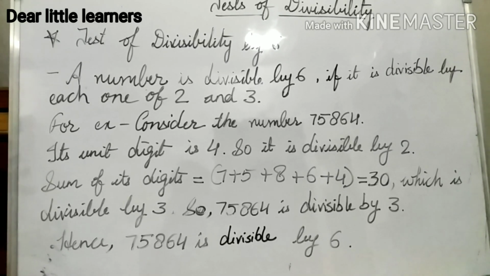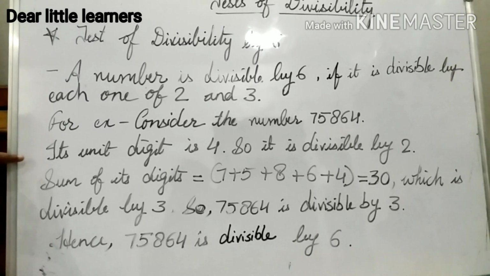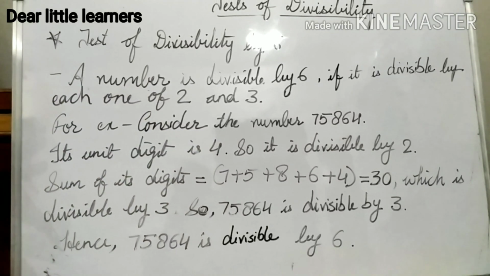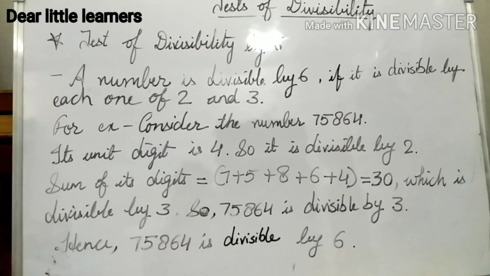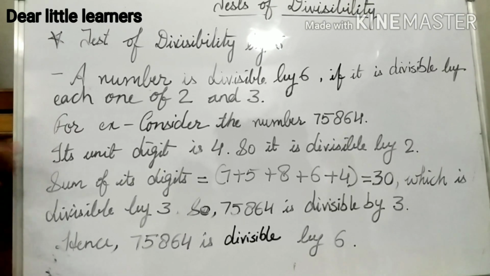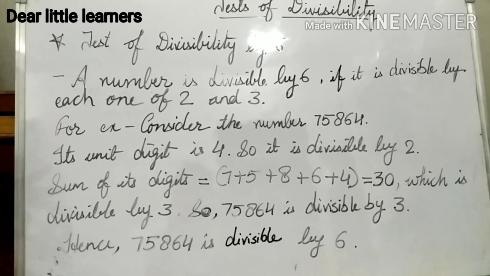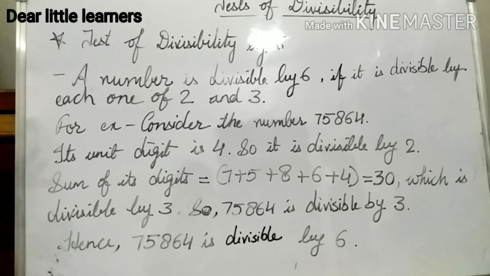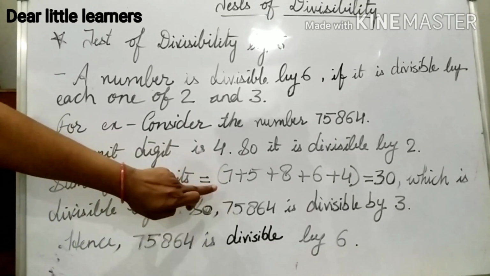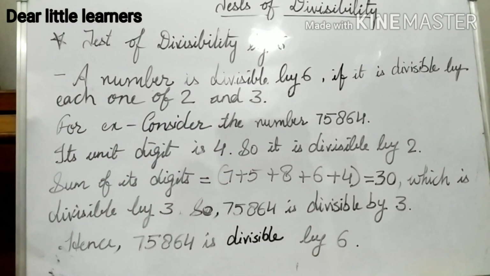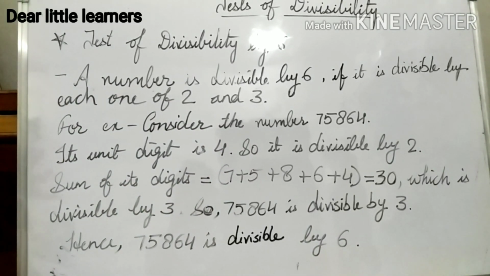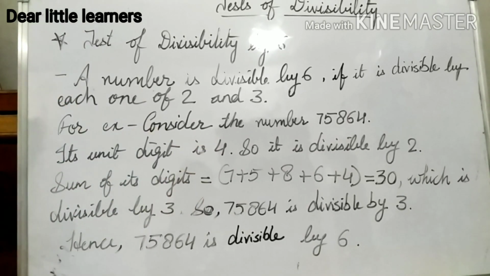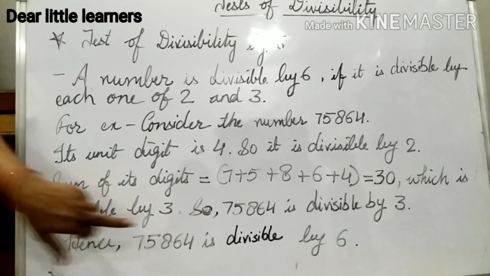As you can see, its unit digit is 4, so it is divisible by 2. Now we have to check for 3 also. The test of divisibility by 3 is to find the sum of the digits. So here we will add all the digits of this number 75,864, and by adding all the digits we got the sum 30, and 30 is divisible by 3.